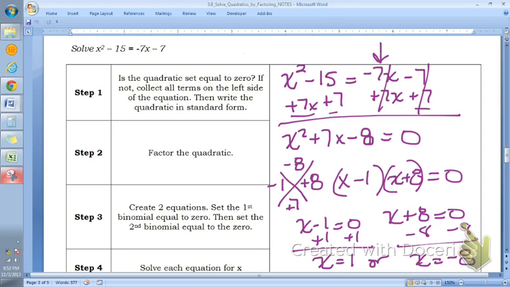Do you notice that when you have it in factored form, whatever number is either added or subtracted to x, your solutions are just the opposite? If x minus 1 is one factor, then one of your answers is going to be x is equal to 1. If x plus 8, then the answer is going to be x equals negative 8. So you can just write the opposites. It's an easy way to solve them.